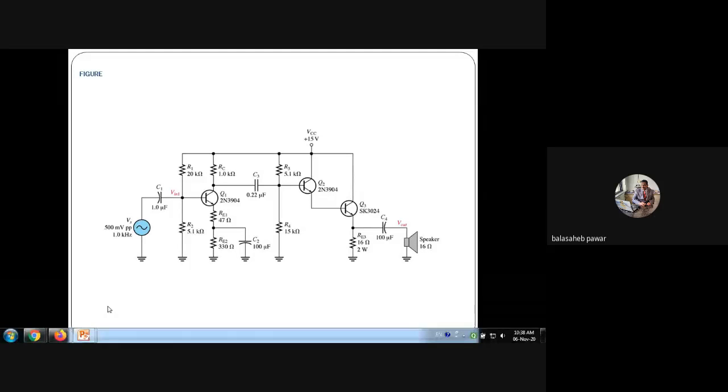The same logic you have to apply here also. The only difference is that instead of a MOSFET, a BJT is used. The remaining considerations are the same. Can anyone? Just consider up to C3, from the VS signal source to the output coupling capacitor of that first stage, that is C3.